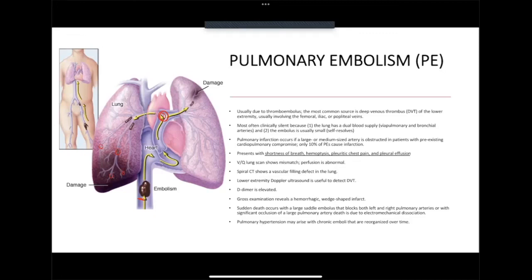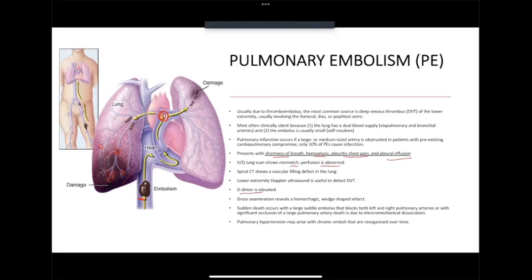So patients present with shortness of breath, hemoptysis, pleuritic chest pain, and pleural effusion. In a VQ scan, you see a mismatch because perfusion is abnormal: the places where the embolus is are still receiving oxygen from the alveoli, but the blood isn't being perfused because it is blocked by the thrombus.